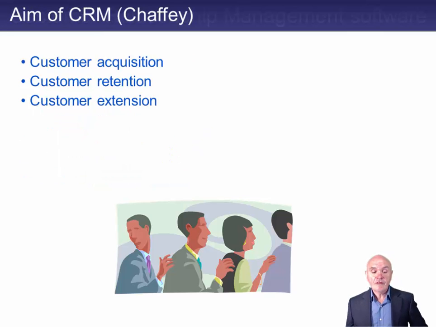The aim of customer relationship management is to try to acquire new customers. And again, software and the internet can be of fantastic use in doing that. Just an internet website which is easily found by Google is one which is going to help you acquire customers.